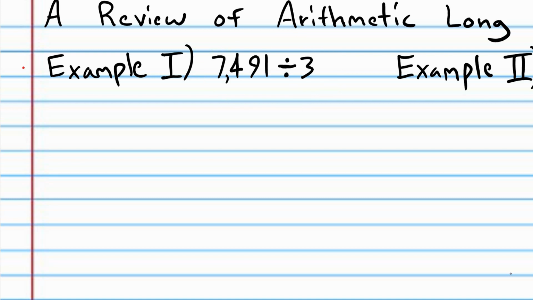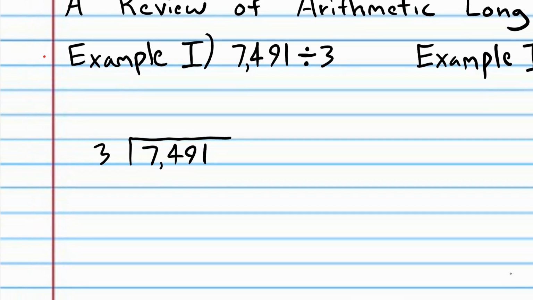What you do is you write the divisor, then you draw an L shape, an L that's kind of flipped to the right, and you're going to write your dividend inside. And then you're going to ask, how many times does 3 go into 7?